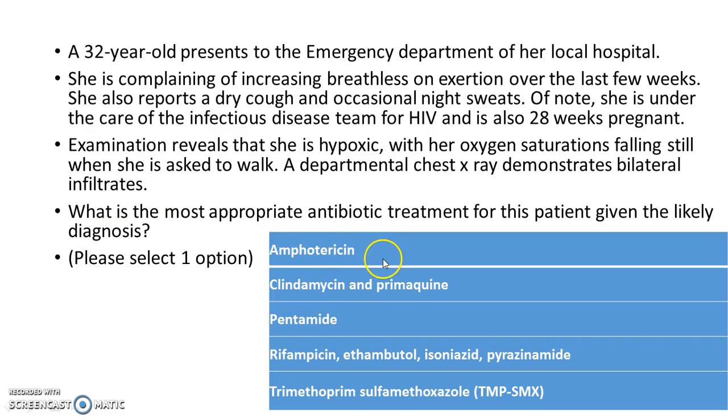A. Amphotericin, clindamycin, gentamicin, rifampicin, ethambutol, isoniazid, pyrazinamide, and then trimethoprim sulfamethoxazole. So what is the best choice?